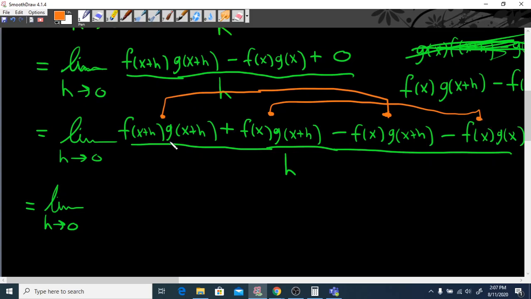If we look at 1 and 3, both have g at x plus h. If I factor g at x plus h from term 1, I'm left with f at x plus h. And if I factor this from term 3, I have minus f of x.